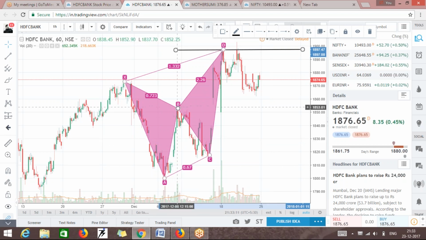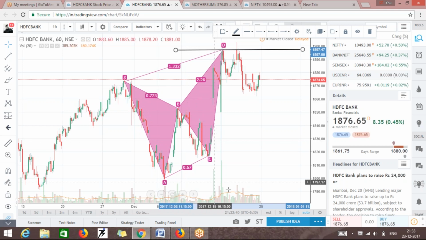So it has almost moved to a level of 0.67, so it's coming in that range. So AB is confirmed. Now BC retraces 38.2% to 88.6%. It has almost retraced to a level of 0.723. It is also in the range.